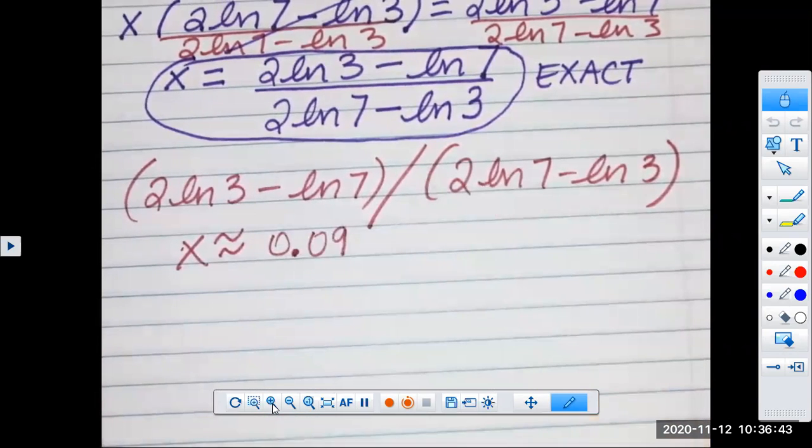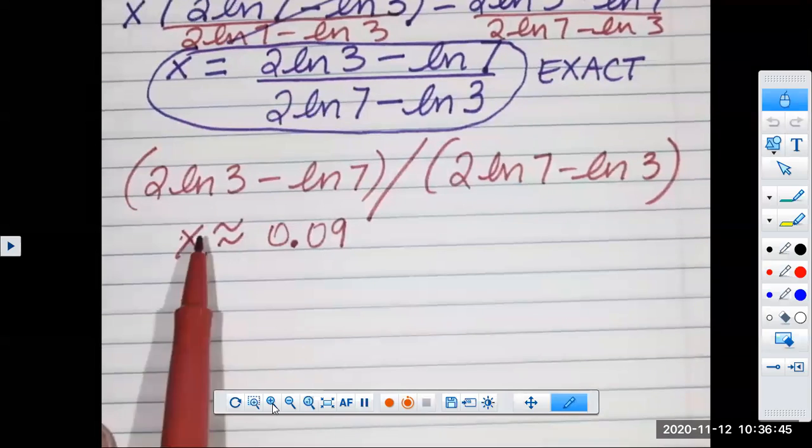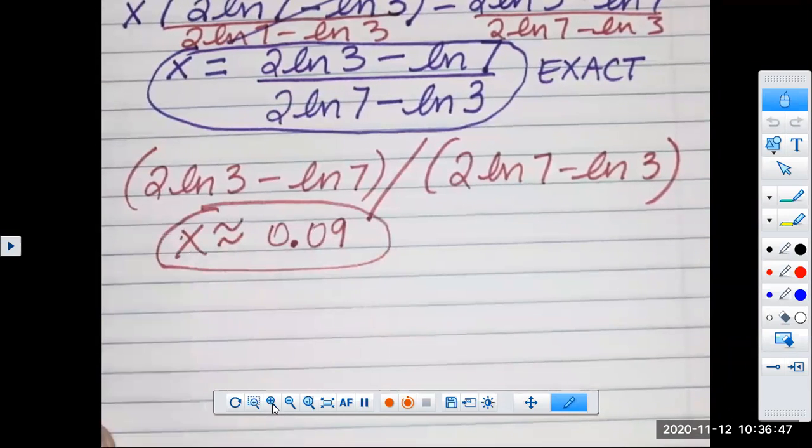Okay, you should get 0.09 rounded to 2 decimal places.